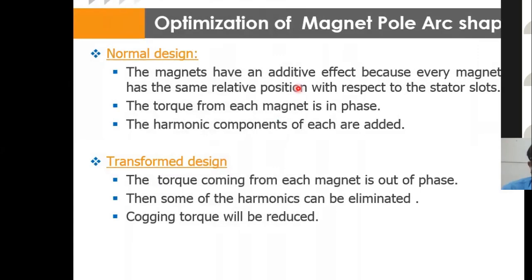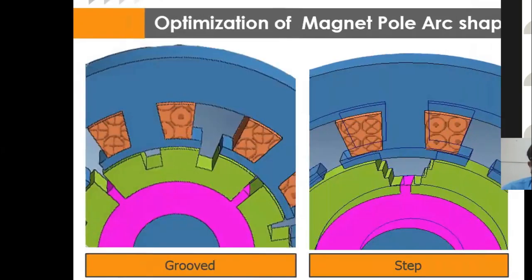So what we are going to do is show a design variation in the rotor magnet, right? So this is the rotor magnet. Here I have made some groove shape design in the permanent magnet instead of a plain core.